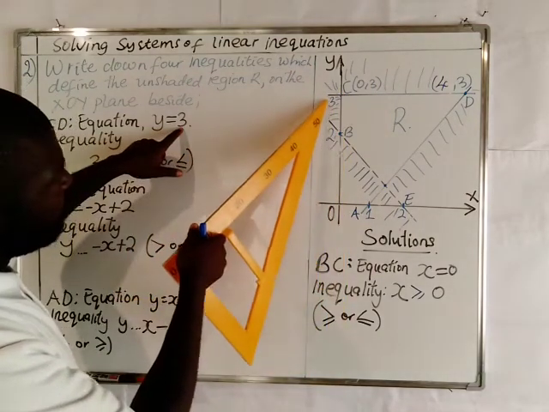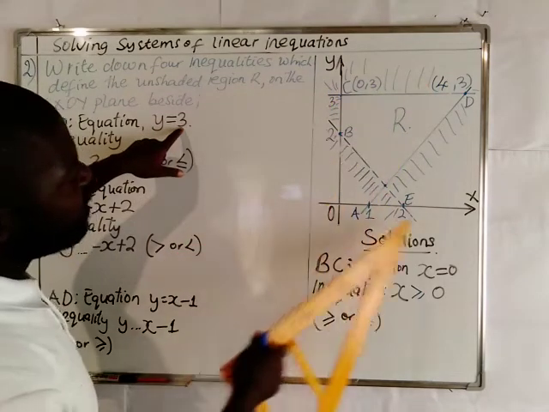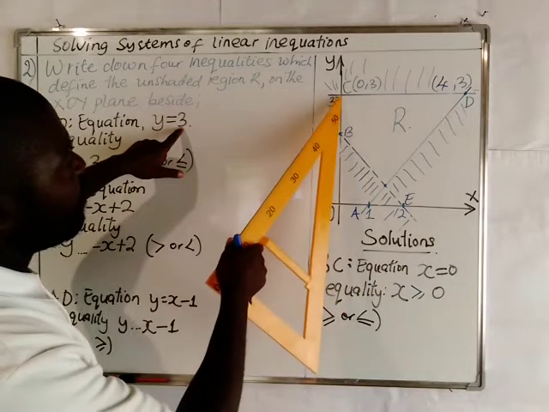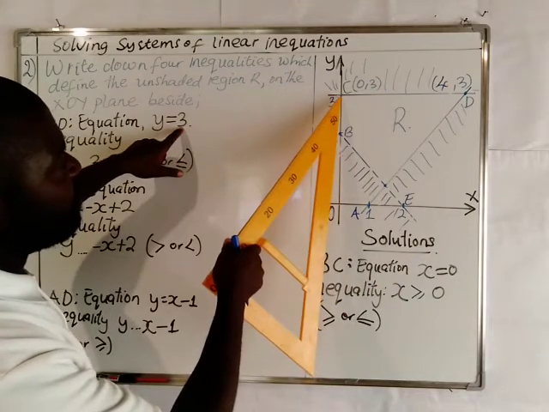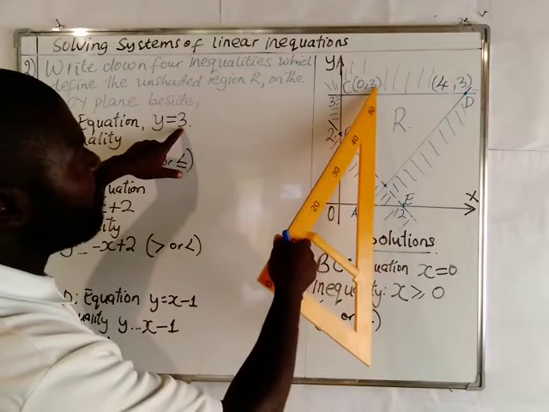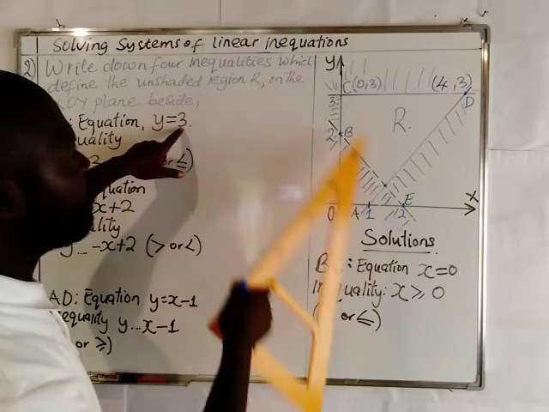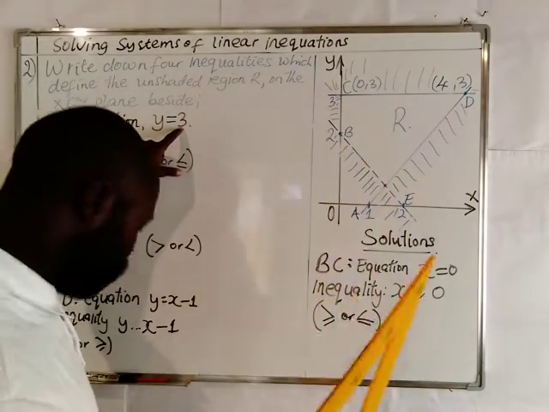You can see it is meeting the y-axis at 3, so this is the line y equals 3. The y values are equal along it, which shows that this line is parallel to the x-axis.